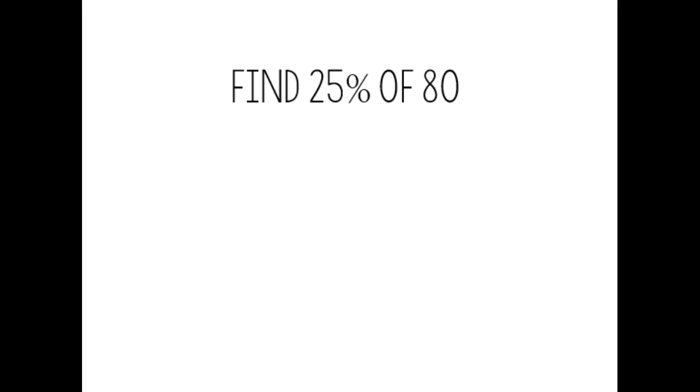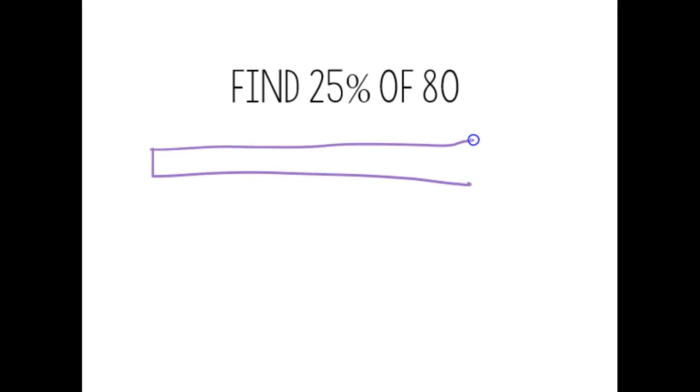Now that we know that, we can find 25% of 80. Anytime you're finding a percent of something, you're thinking of that number as 100%. So I'm just going to draw a very bad bar graph right here, and I want you to think of this as 80. This is 100% of what we are calculating.